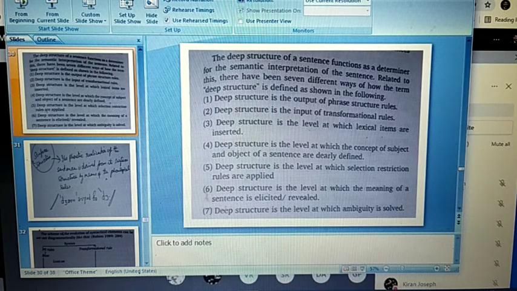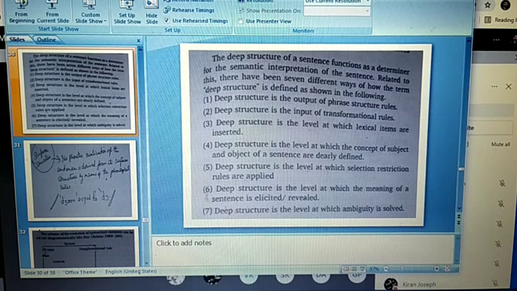Deep structure is the level at which selection restriction rules are applied. You understand that John will always take, of course, John opens or John opened. It is not John open. You have grammatical rules, right?